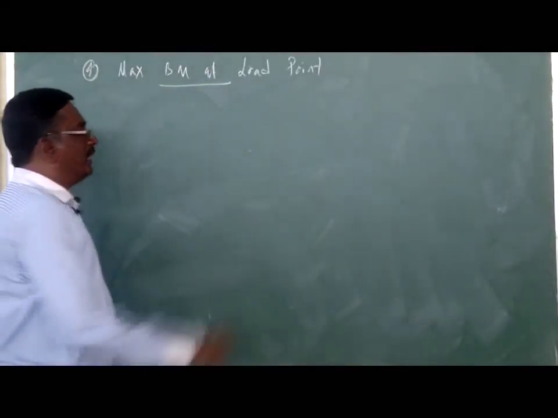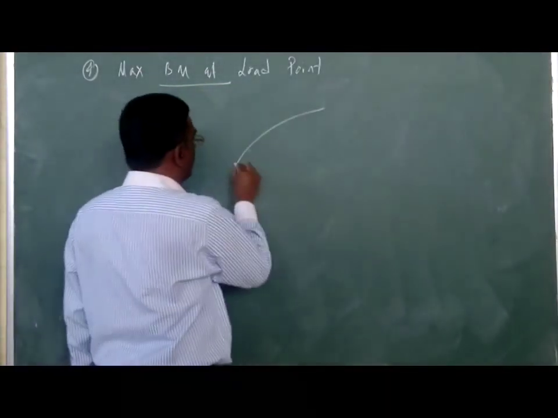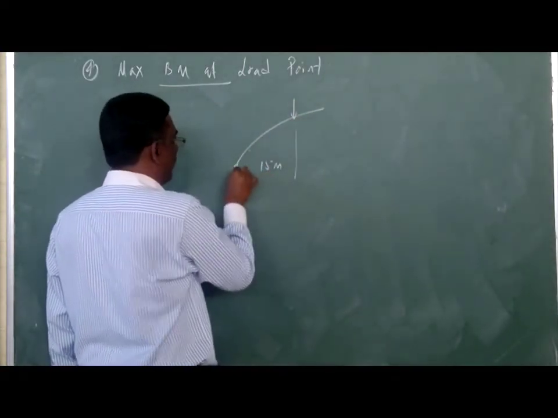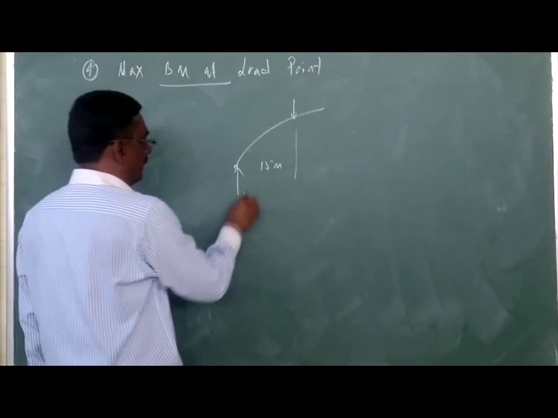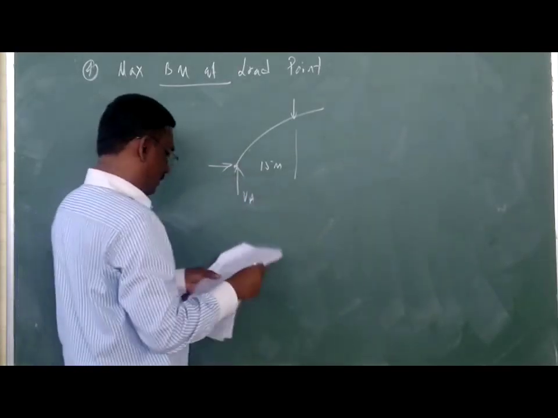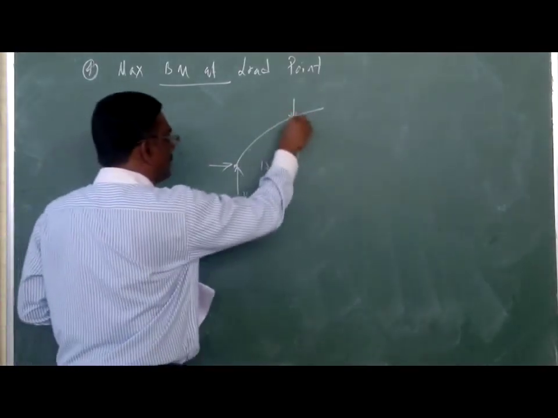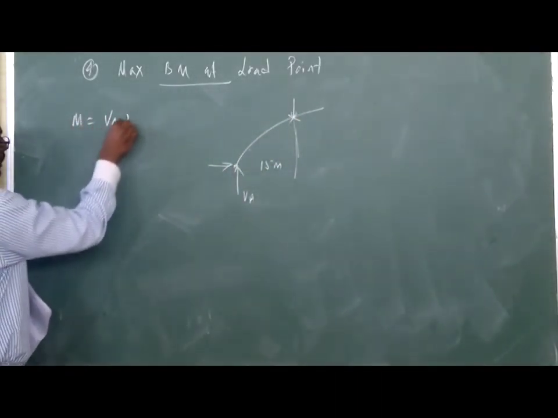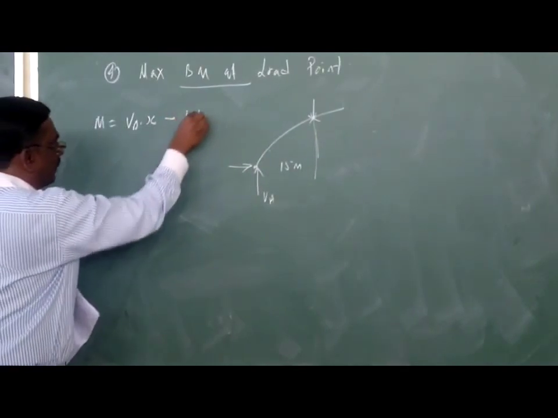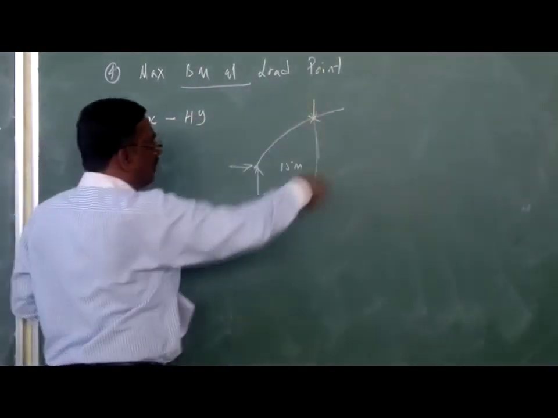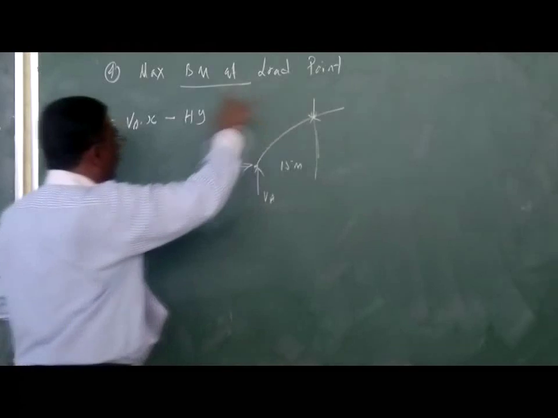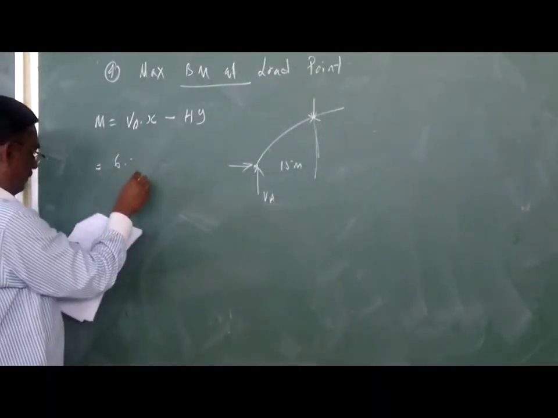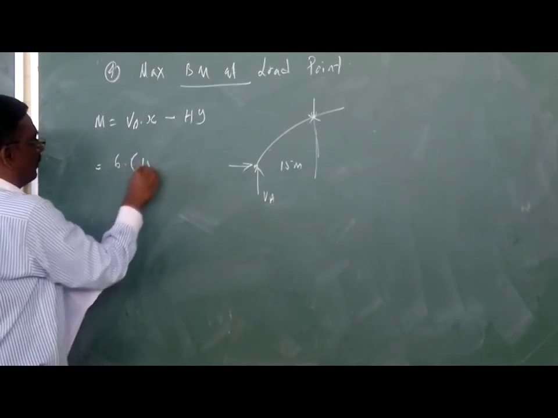Now we have to take the bending moment at the load point. So this is the load point, and this is 15 meter from A, and we have got vertical reaction and horizontal reaction. So the moment at this point will be equal to VA into X minus H into Y, because VA is making clockwise rotation, HA is making anti-clockwise rotation. VA is 6 and X distance is 15.